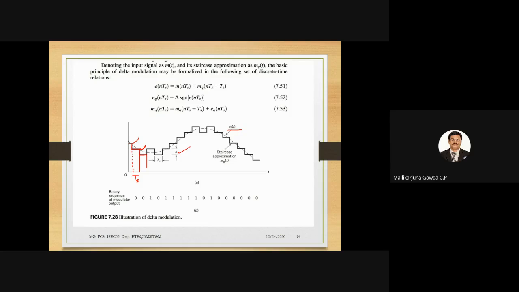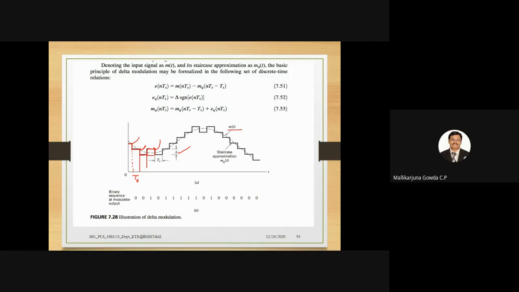At this point, my approximated signal is less than the analog signal, hence it will be incremented by delta, and it will hold that value till the next sampling interval. Again, it compares at this point. Now the approximated signal is greater than my analog input signal, hence it will be decremented by delta.